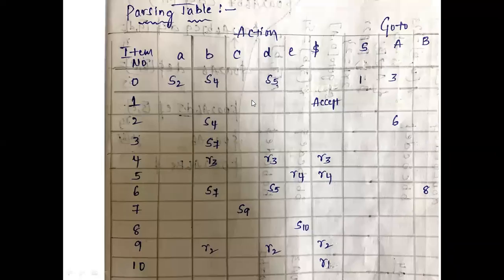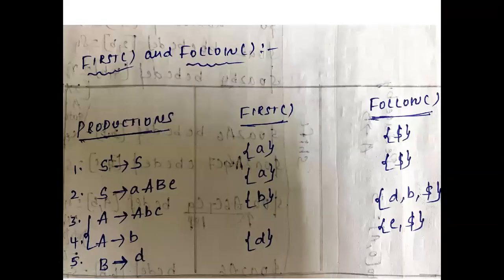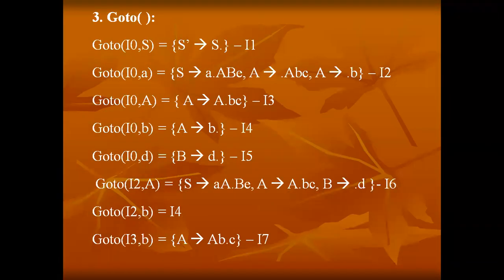See, I0 with A, 3. That means we are checking the goto function. To fill the goto function entries, we are checking the goto function with the item along with only the variables, not with the terminals. To fill this column, we are only checking with the variables. And up to now I0 with S and I0 with A is completed.